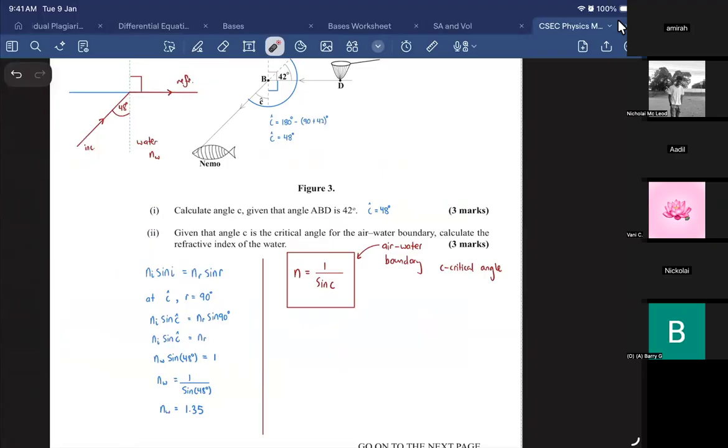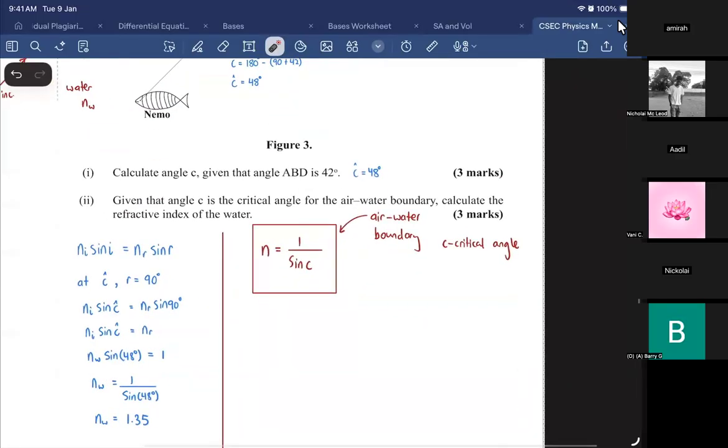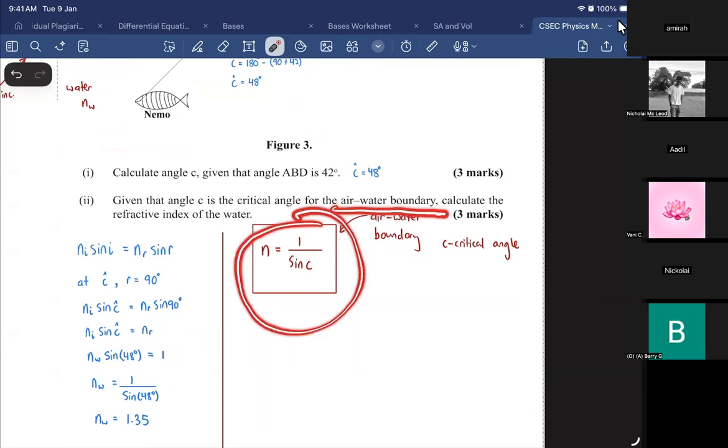Part 2 said, given that the angle C is the critical angle for the air to water boundary, calculate the refractive index of the water. Anytime they're asking you to find the refractive index of water for the air to water boundary, this is the formula you could use: n is equal to 1 over sine C.